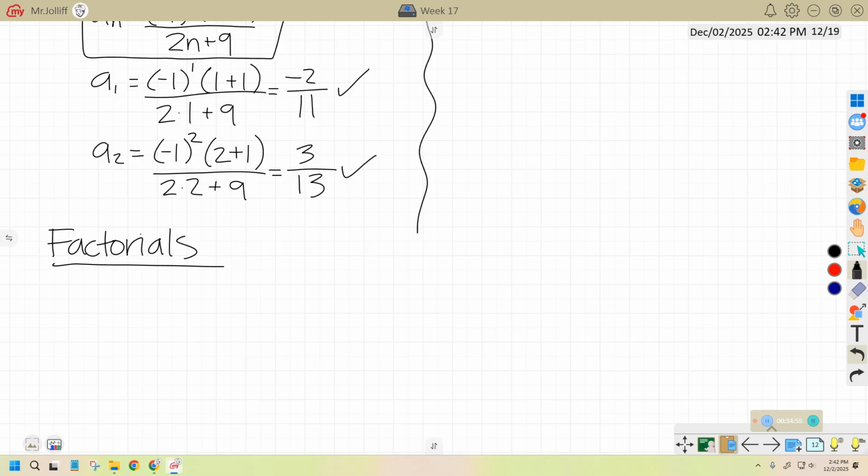So I'm going to define some examples and we'll see if you spot the pattern. 5 factorial. Factorial is an exclamation point, by the way, just for funsies, because mathematicians are sad. 5 factorial means 5 times 4 times 3 times 2 times 1.